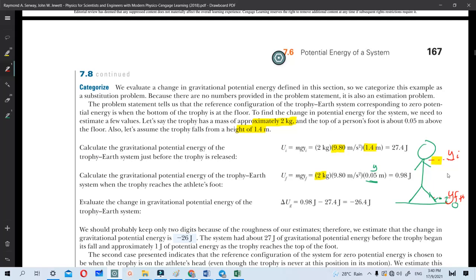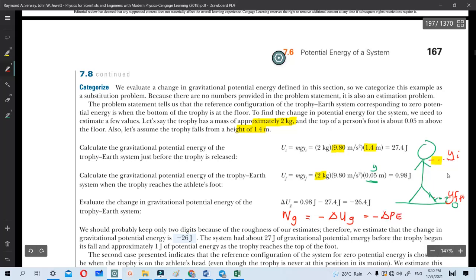However, if the question is asking what is the work done by the gravity on the trophy, then observe that the answer should be negative change of the gravitational potential energy, or in different textbooks they use different symbols, change PE.